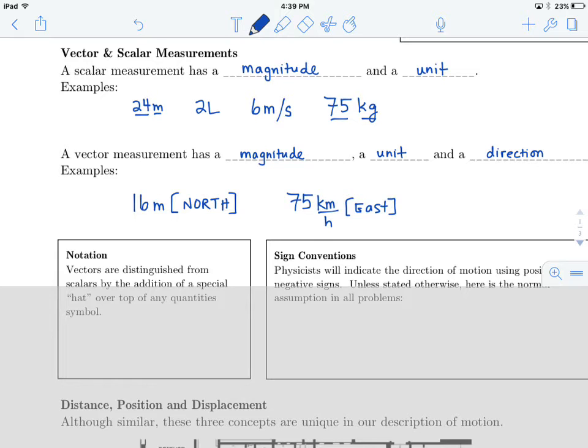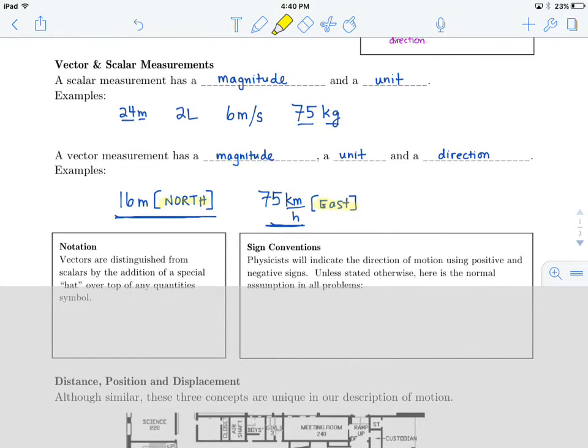But there are certain things like the separation of two points or how fast something is going that make sense when you add this extra piece of information, and those are vectors. We're going to talk a lot about vectors in this unit, so it's important that we get comfortable with them as quickly as possible.